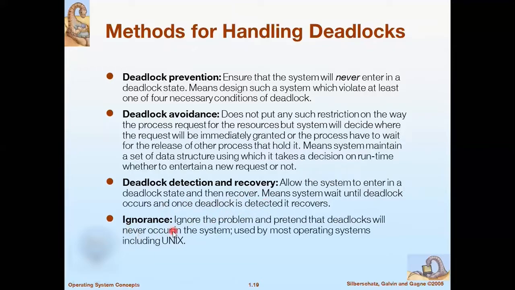In this approach, we ignore the problem altogether and pretend that deadlocks never occur in the system, as if the problem does not exist. This solution is the one used by most operating systems, including Linux and Windows. It's then up to the application developer to write programs that handle deadlocks.